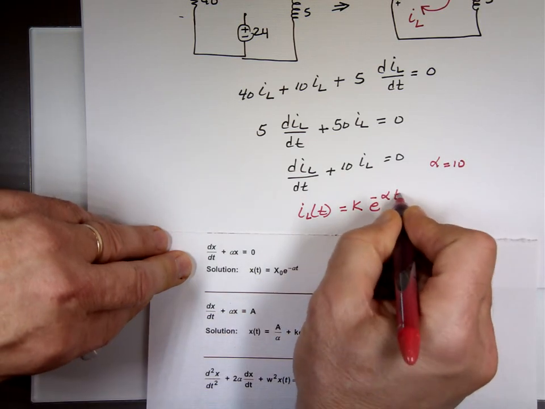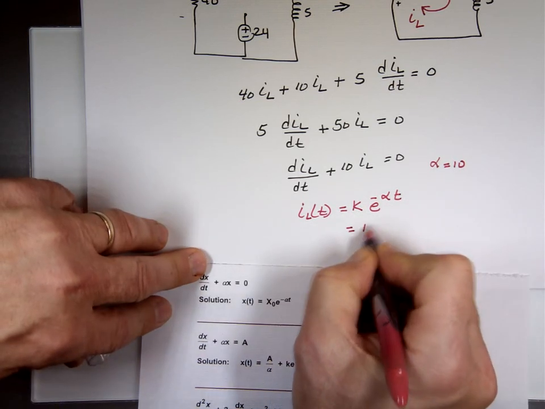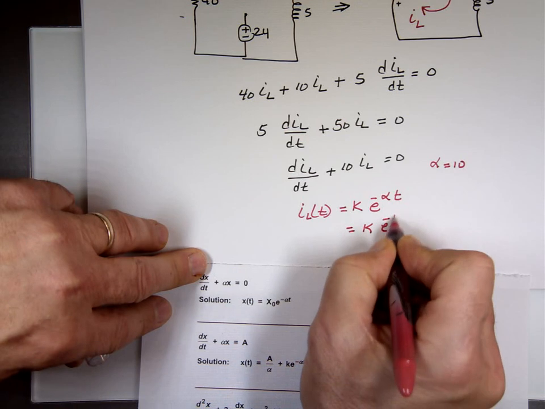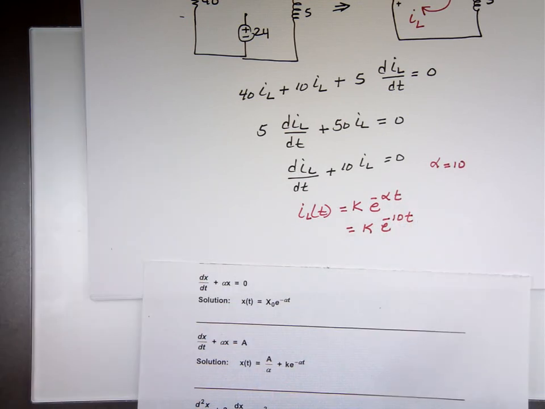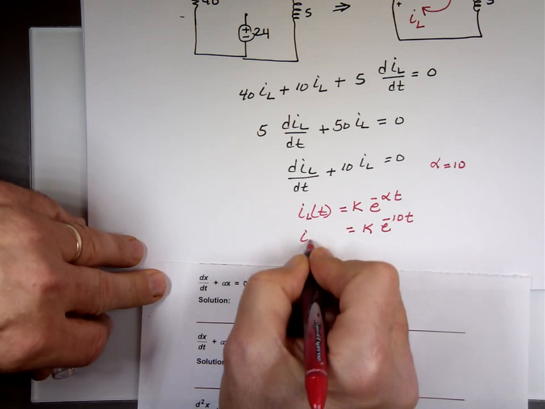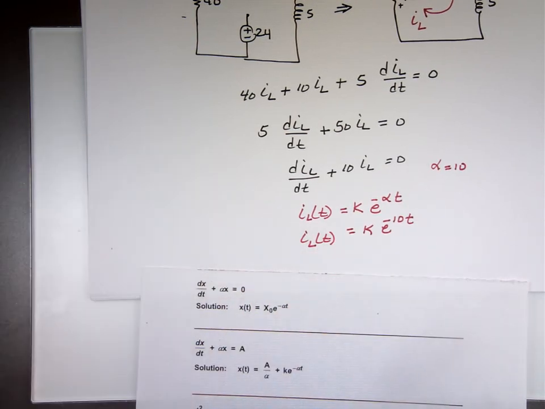We know alpha is 10. My solution is going to be what? Some constant e to the minus 10t. And the question now, what is k equal to? How do you find what k is equal to?